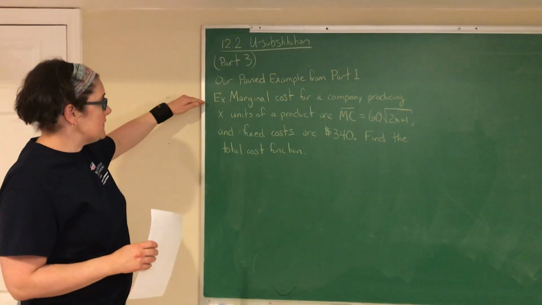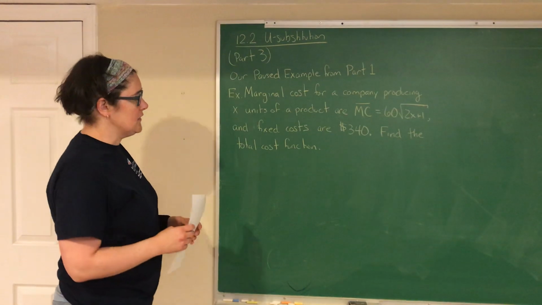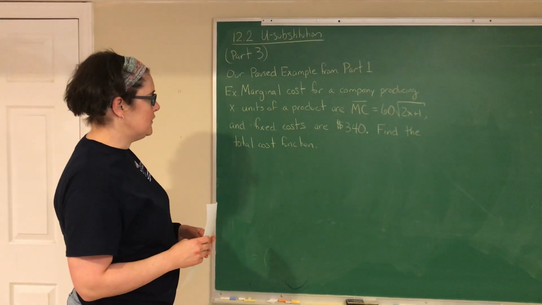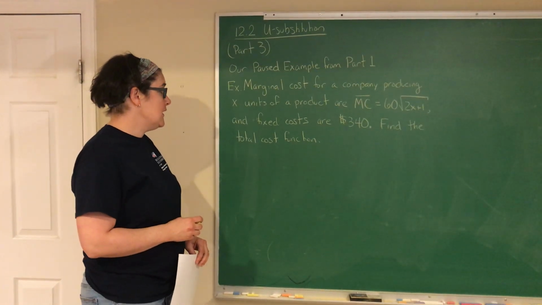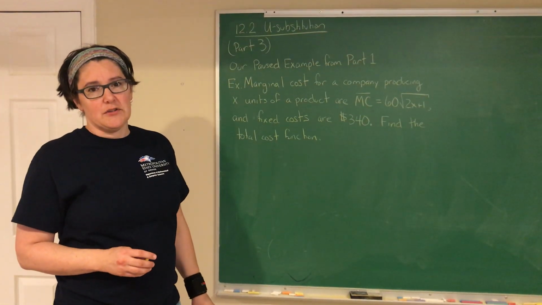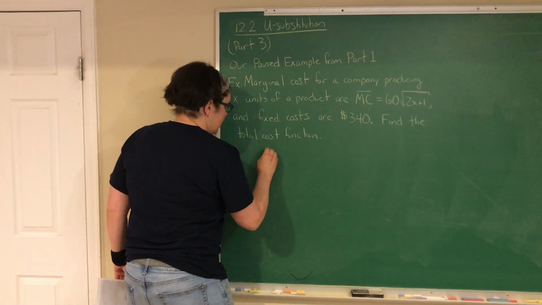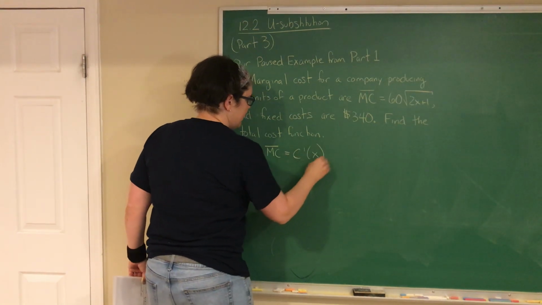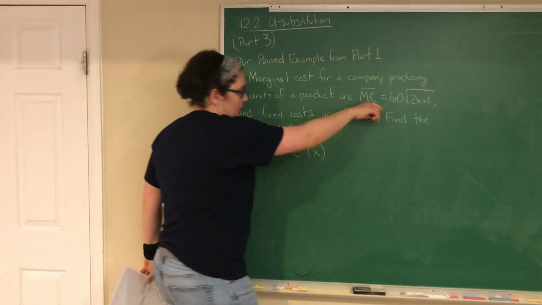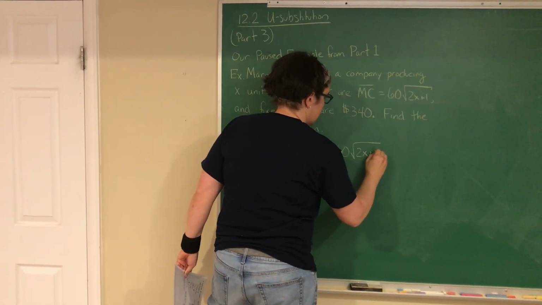We had a marginal cost for a company producing x units of a product. Our MC, for marginal cost, equals 60 times the square root of 2x plus 1, and the fixed costs are $340. And our job is to find the total cost function. Where we left off was we had written down that marginal cost, which is another name for our derivative, is 60 times the square root of 2x plus 1.